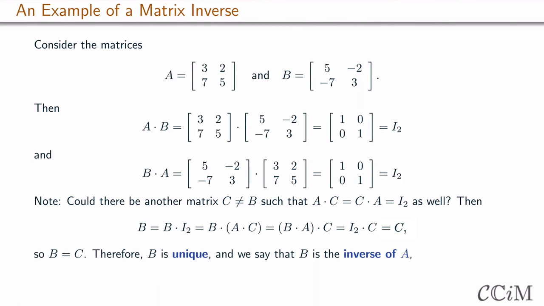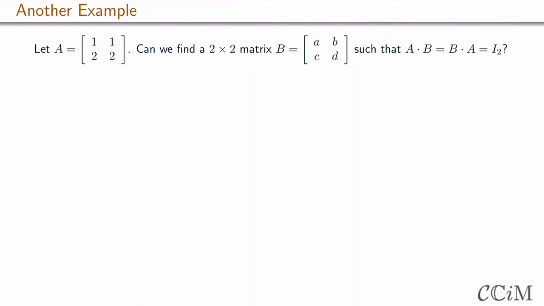So B is the unique matrix that satisfies that A times B and B times A equal the identity matrix, and therefore we call B the inverse of A. Or in symbols, we say B is equal to A inverse. Let's look at another example. Suppose A is the matrix 1, 1, 2, 2. Can we find a 2 by 2 matrix B, again, such that A times B and B times A both equal the identity matrix?